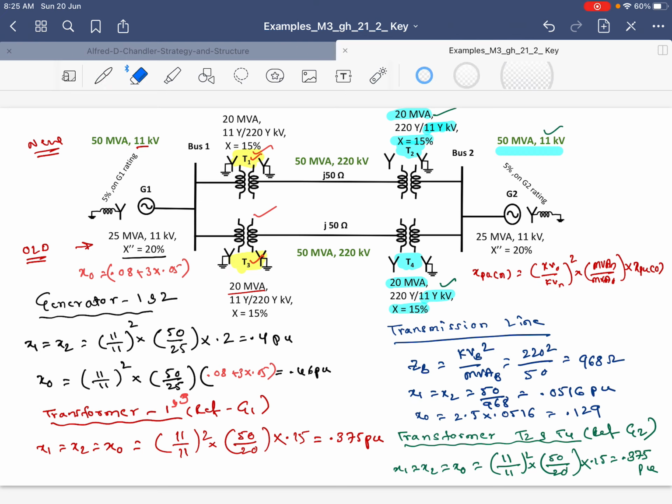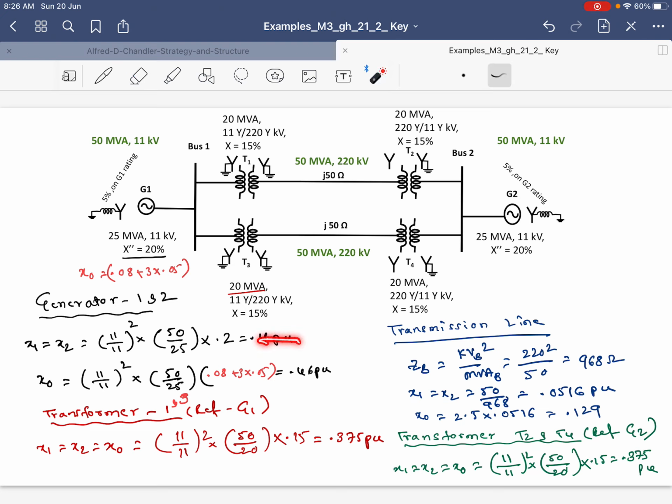They were calculated for the given network. Then our objective is to find out, you have to draw the positive, negative and zero sequence diagrams for the given network. Therefore, I am starting to draw the networks for that. Okay. Then you have to specify the values that were calculated here.